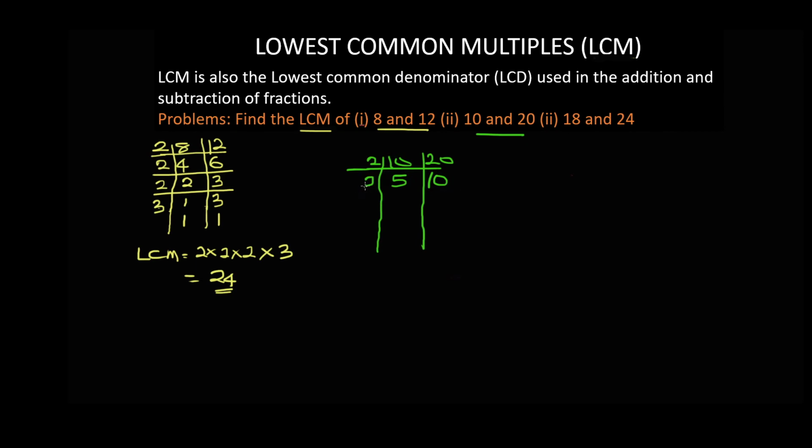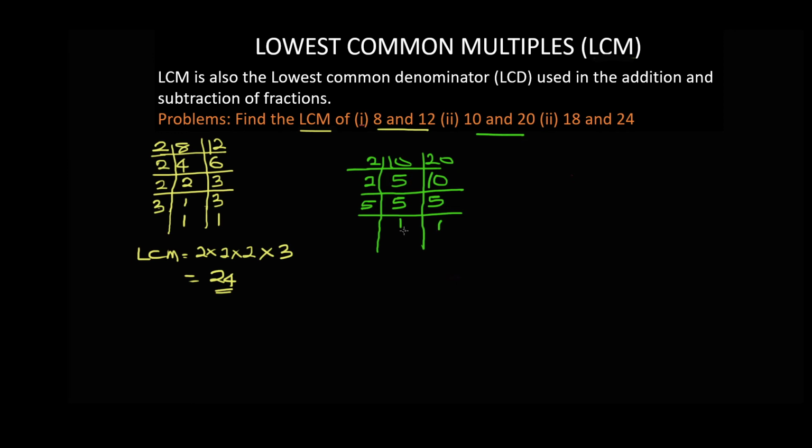2 can divide, but 2 cannot divide 5 without a remainder. Then I bring down 5. 2 in 10 is 5 times. Now at this point, 5 can divide, because 5 in 5 is 1. 5 in 5 is 1.